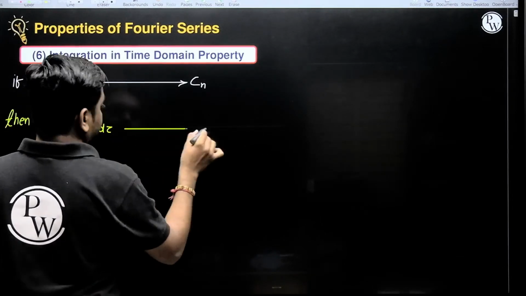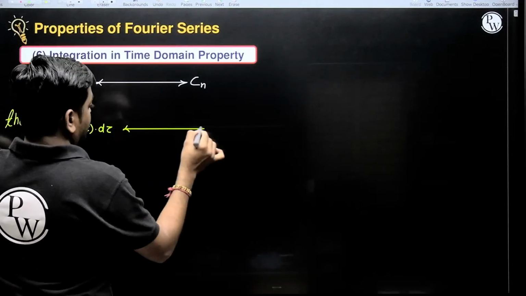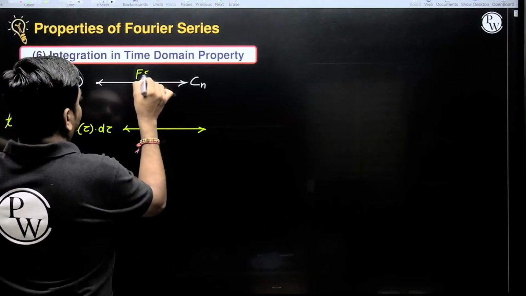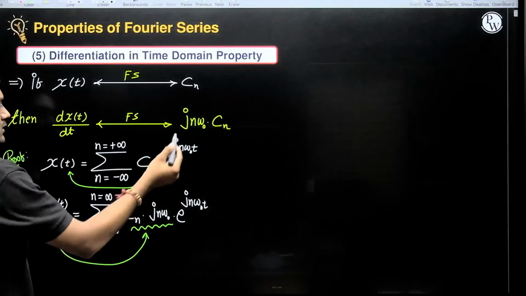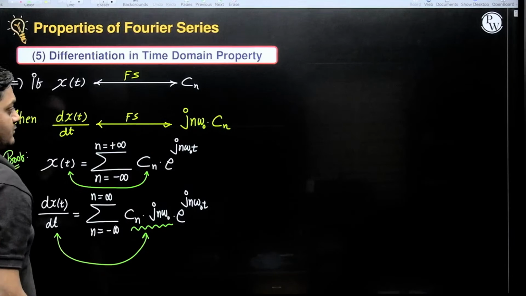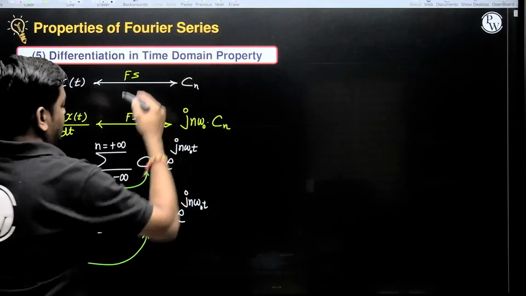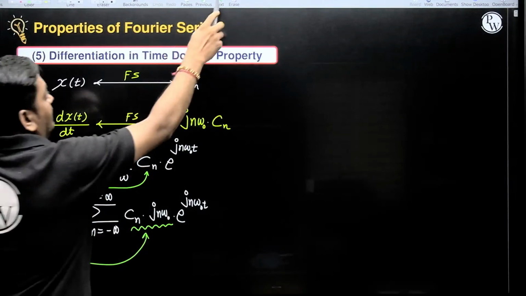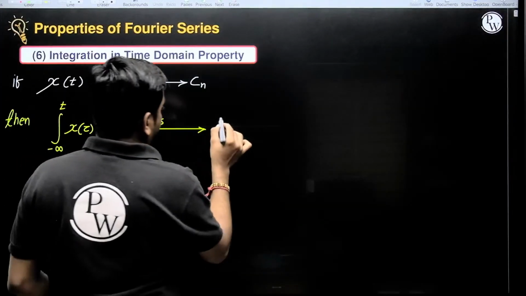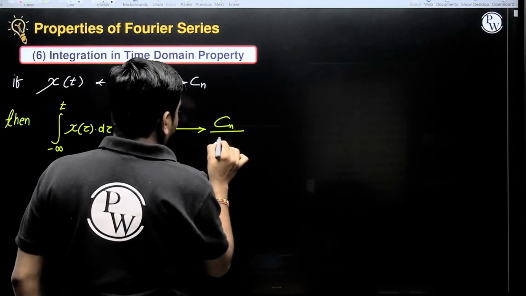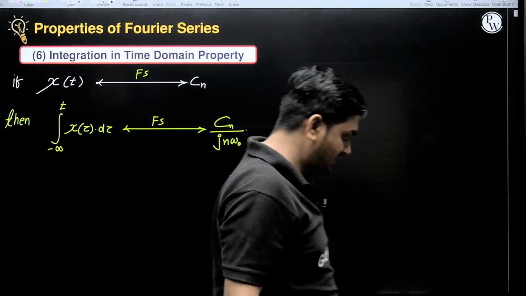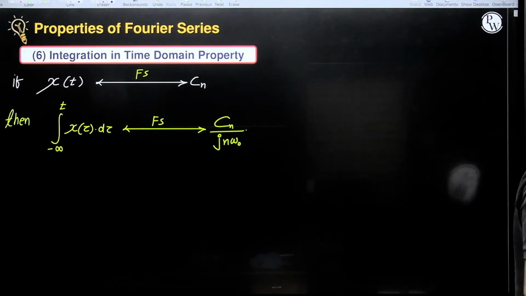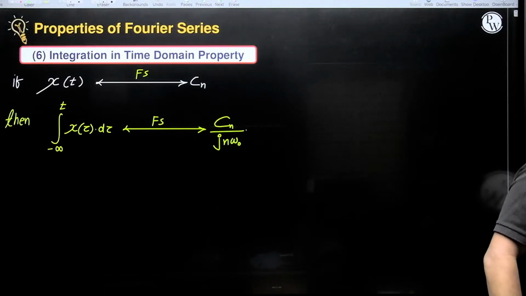What will be the Fourier series coefficient? So here we got multiplication by an extra term j omega 0 because of differentiation. But because of integration, what will we get? Cn divided by j n omega 0, correct? Divided by j n omega 0. Fine. So this is property number 6.